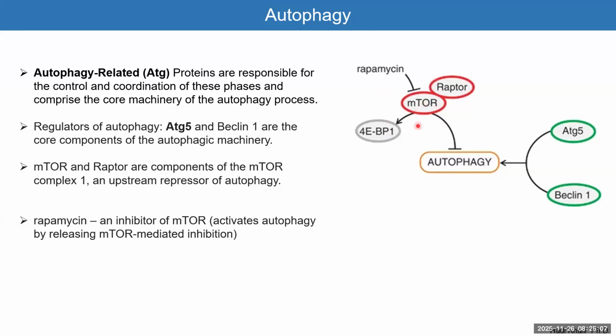And therefore, if you block mTOR, autophagy will be activated. Now, the proteins that perform this function are called autophagy-related proteins, and they are mentioned as ATG. The most important and the first in the cascade are ATG5 and Beclin. These are needed to be the assembly for the start of the autophagic pathway.